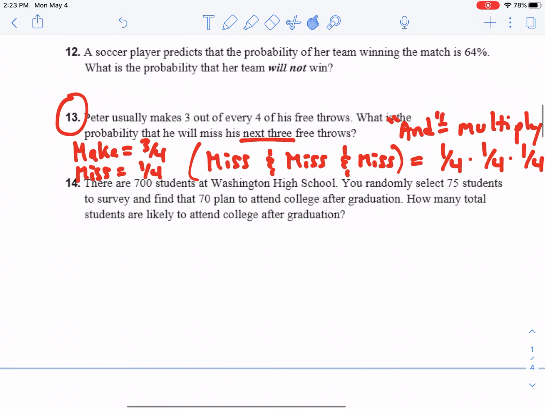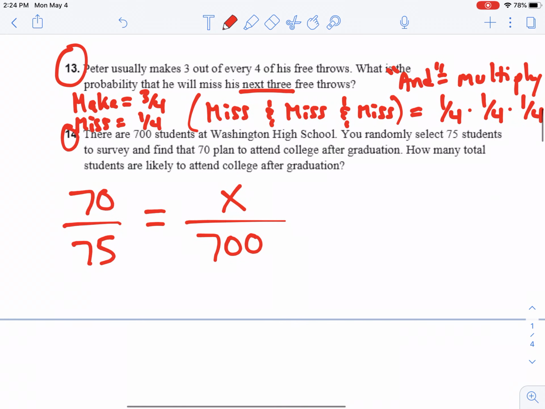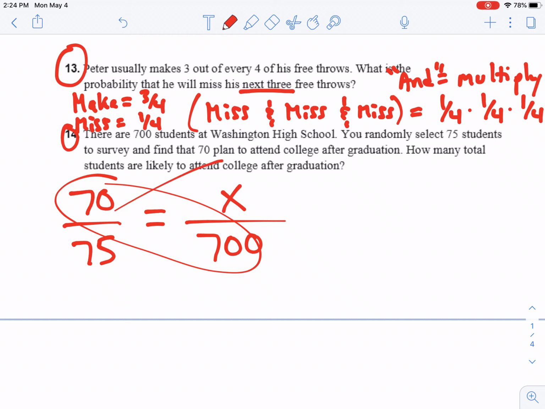Number 14, you should just set up a proportion. It's very simple. There's 700 total students. And out of 75 that were surveyed, 70 of them will attend college after graduation. So 70 out of 75 are going to attend college in your survey. How many total will attend out of the 700? So basically you just set up a proportion and cross multiply and solve.